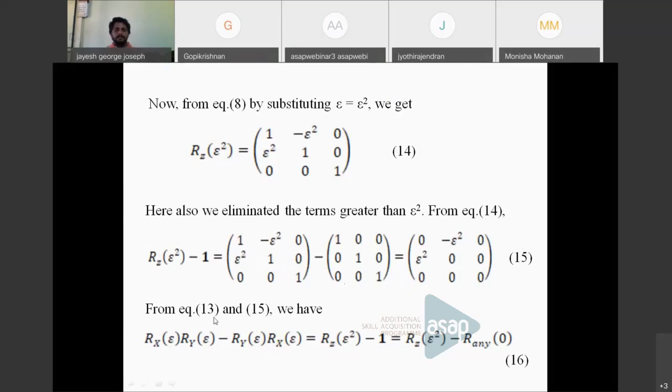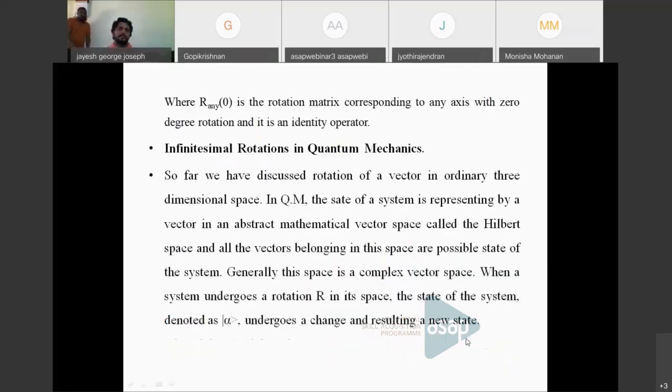And from equations 13 and 15, we are taking those two equations, Rx(epsilon) Ry minus Ry Rx is equal to Rz minus 1, and this is equal to Rz of epsilon square minus R(n, 0). This is taken as R(n, 0), where R(n, 0) is the rotation matrix corresponding to any axis with a 0 degree rotation, and it is an identity operator.